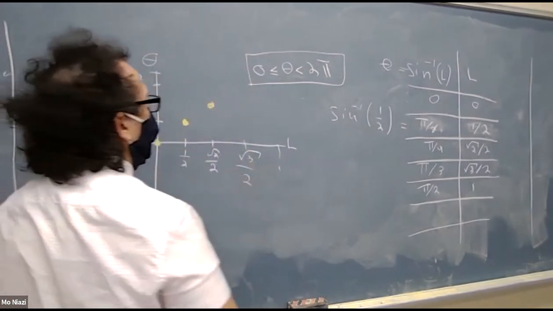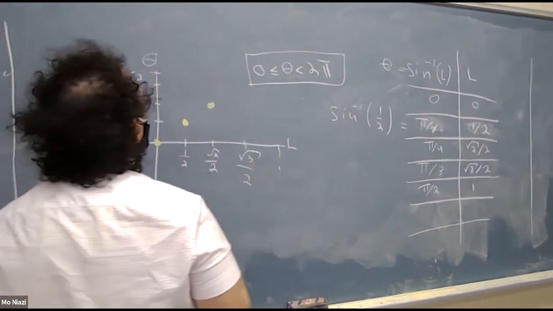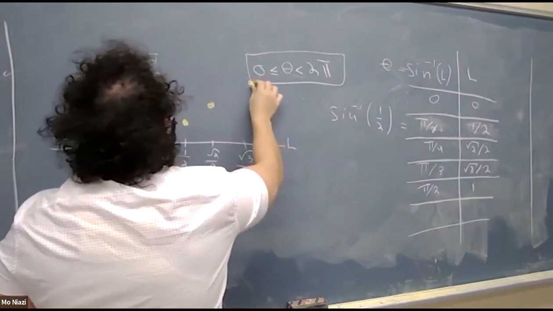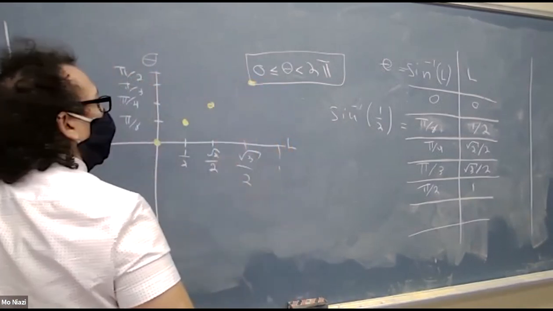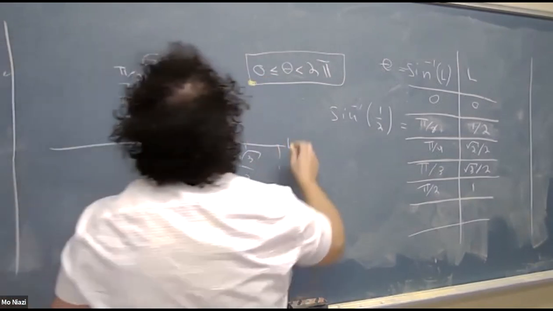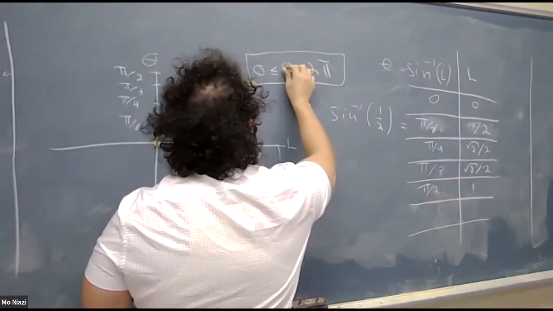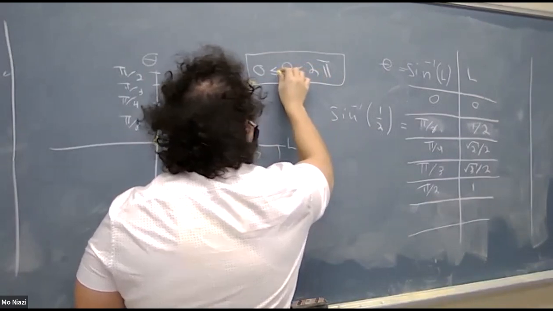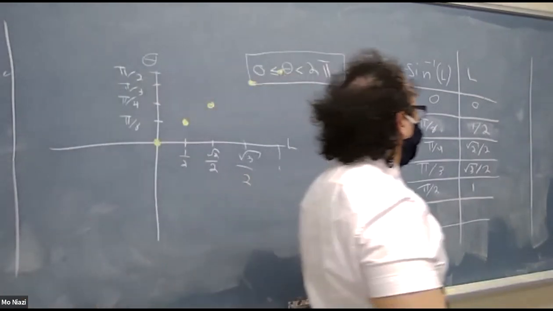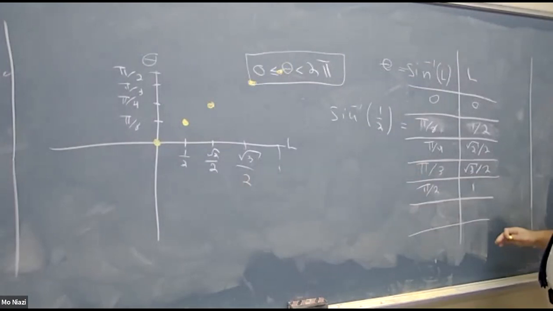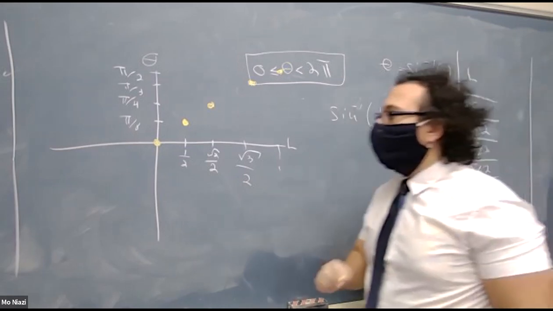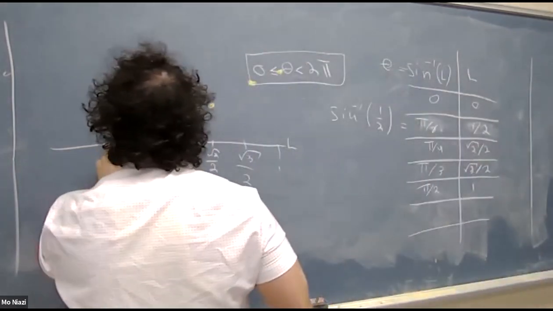And at root 3 over 2, what is it outputting? And at 1, what is it outputting? Let's continue the table. And another thing we could have done was input negative values.